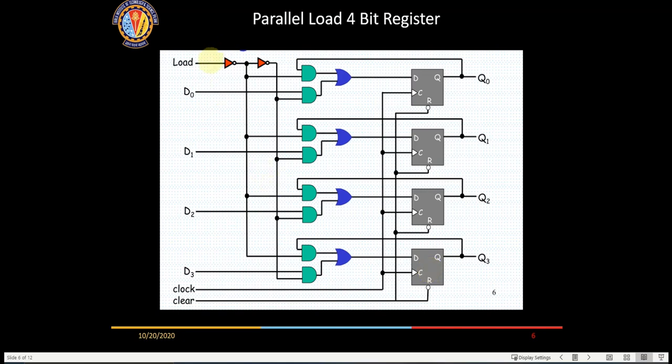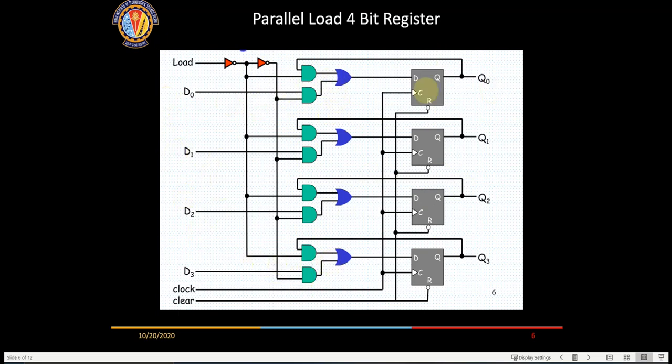Whenever the load signal is high, you will have a 0 here. So this 0 will disable all this feedback path which is coming from the Q, and instead enable the AND gates at the bottom, 1, 2, 3, 4. What are those bottom AND gates? They are the data which is coming from the left hand side.